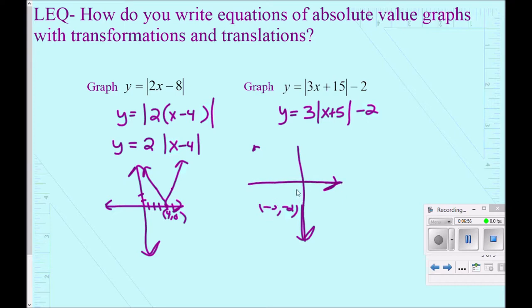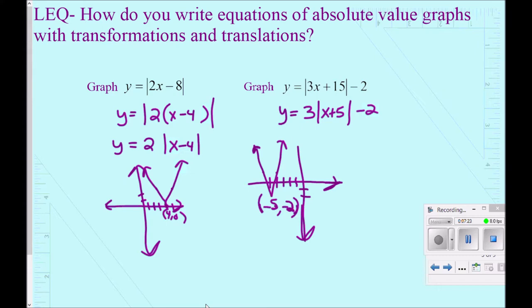Okay, so we had negative 5, negative 2 was there. We're rising 3 and running 1, rising 3, running 1. There's our graph. Sorry about those technical difficulties. Negative 5, negative 2. There we go. Negative 5, negative 2 is the vertex.